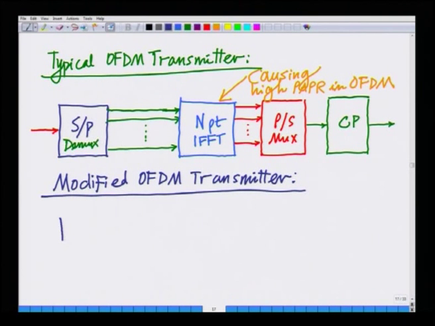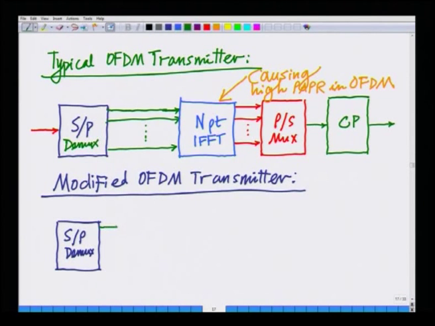That will be the same as above, that is, first we take a block of symbols, and we perform the serial to parallel demultiplexing operation.